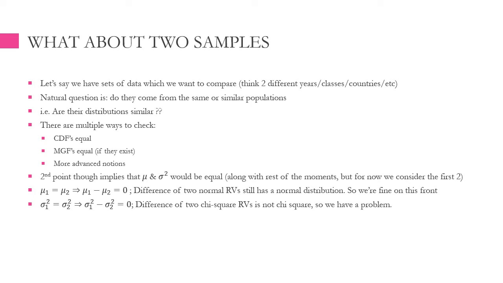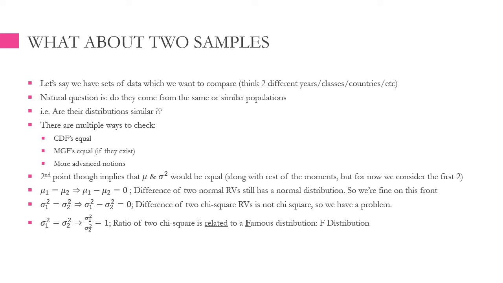If we want to check whether these two are equal, that implies that the difference is equal to 0. However, the difference of two chi-squared random variables is not a chi-square random variable. It's easy to check, because a chi-squared random variable is always positive, and we might have that sigma squared 2 is bigger than sigma squared 1, so the difference would be negative and can never be a chi-squared random variable. So we have a problem.